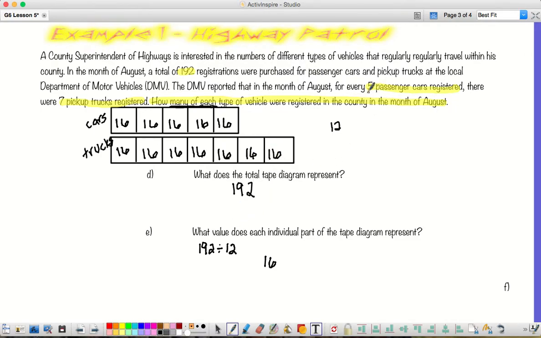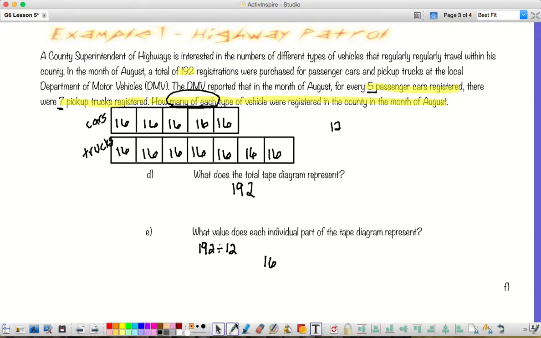So this is where using that smaller ratio is going to help us figure out that bigger number by using the total. We use the total and the tape diagram to figure out what each box represents.